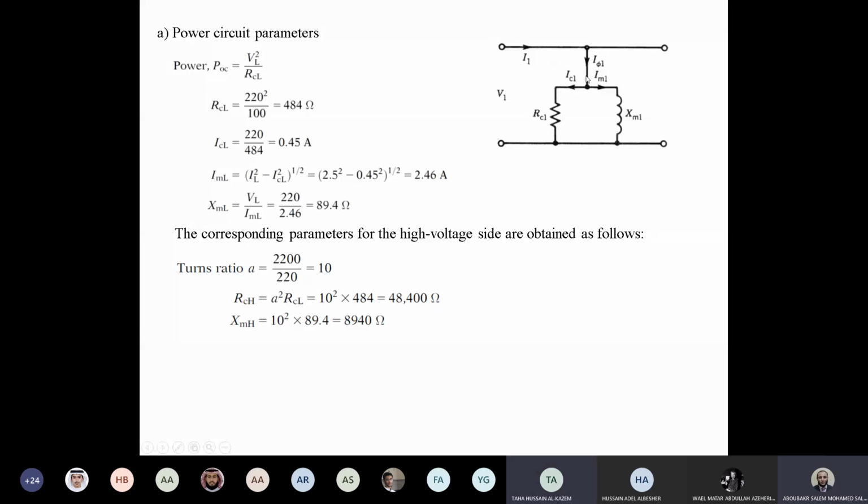So you have the absolute value of I phi and the absolute value of IC. As you can see, this is completely real, and this is completely imaginary. And this is the absolute value. So simply you can say the imaginary part equals the square root of I phi square minus IC square.